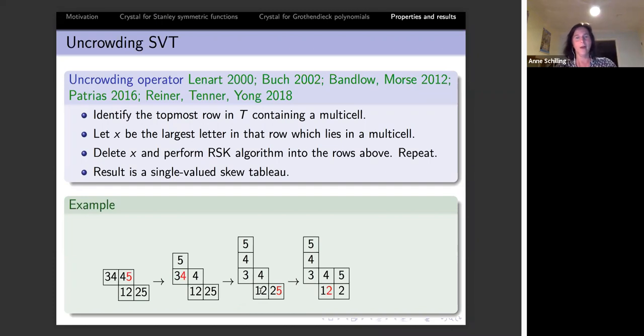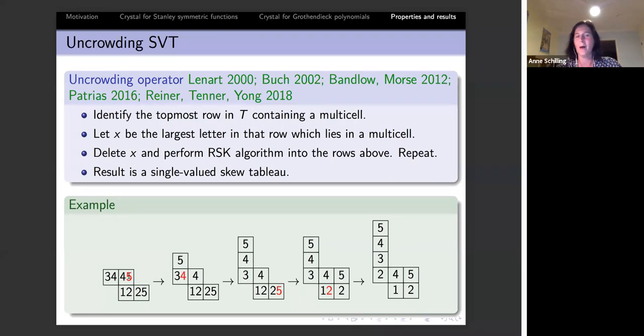Finally you have this 1, 2 in a double cell, and you RSK that 2, and you get this particular tableau. So basically the uncrowding takes a set-valued tableau, uses RSK, and produces for you a skew semi-standard tableau.